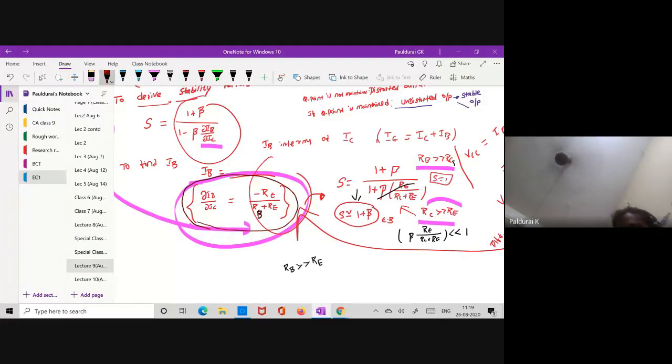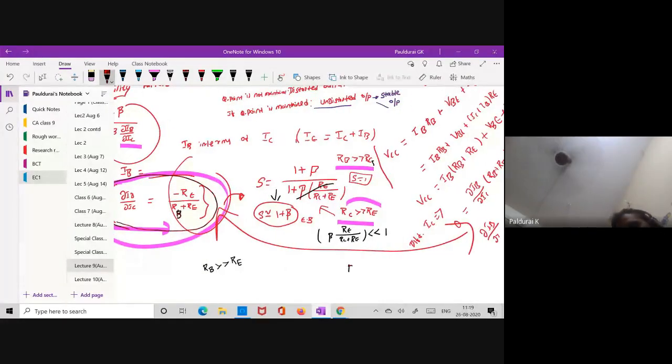But why did I give this equation? Because, as I told you yesterday, you want to know all the relations. In practice, you want to know the relation between RB and RC, and the relation between RB and RE. Now you want to know the relation between RC and RE. So here RC is very much greater than RE.